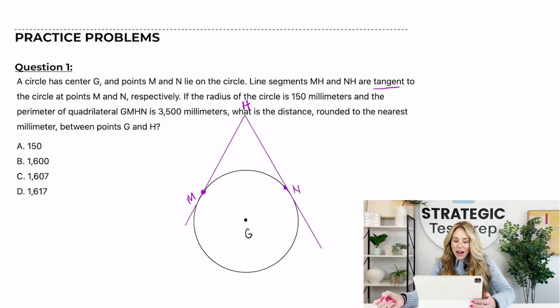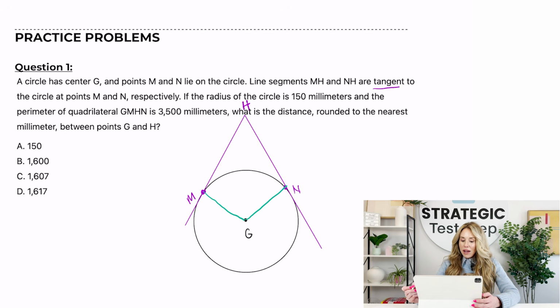Okay. It says the radius of the circle is 150 millimeters and the perimeter of quadrilateral GMHN is 3,500 millimeters. So I'm going to make a quadrilateral. Essentially, it's going to be this radius, and then H, N, and MH. Let me highlight this whole quadrilateral for you guys.